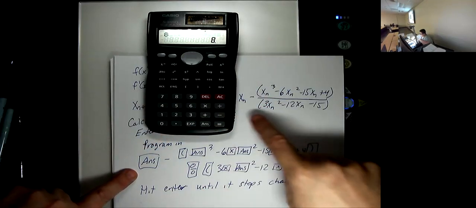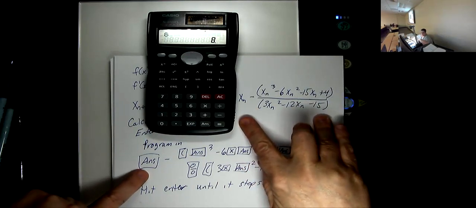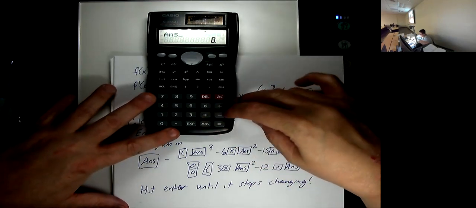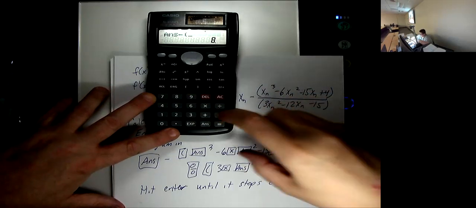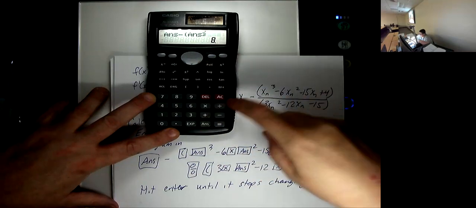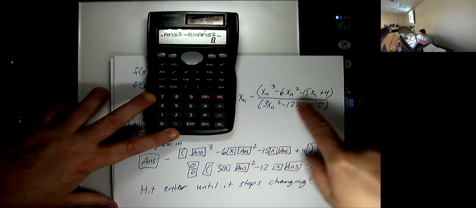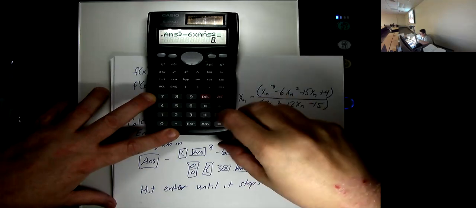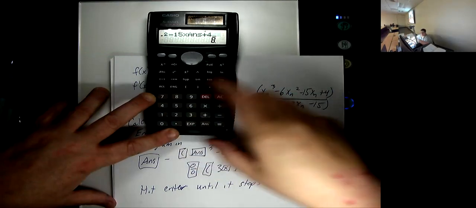Now I'm going to program in Newton's method using the answer key. So I'm going to say answer, that's my x sub n, minus parentheses. I want answer, which is x sub n, cubed, minus 6 times answer squared. So I'm doing 6x sub n. Minus 15x sub n is minus 15 times answer, plus 4.